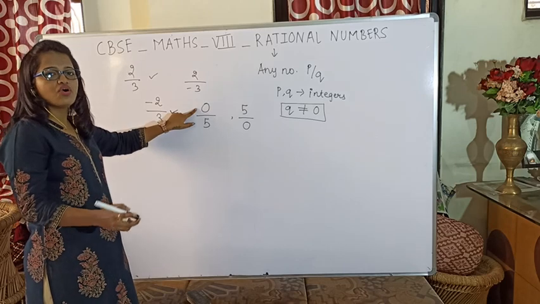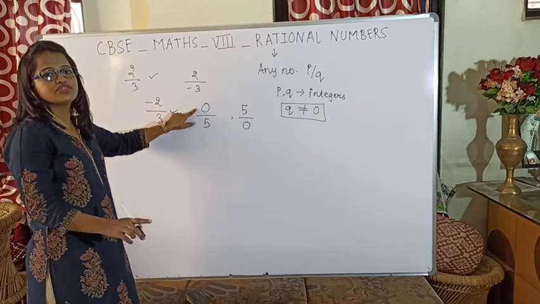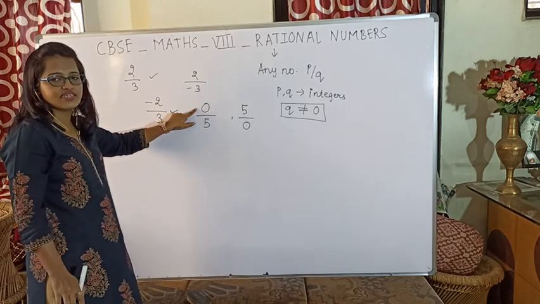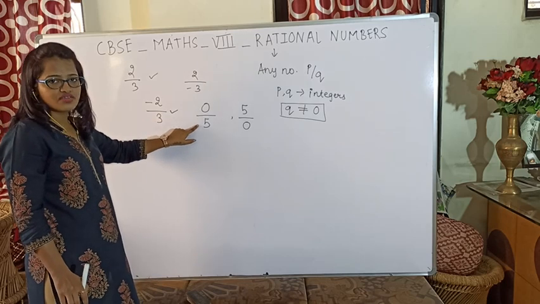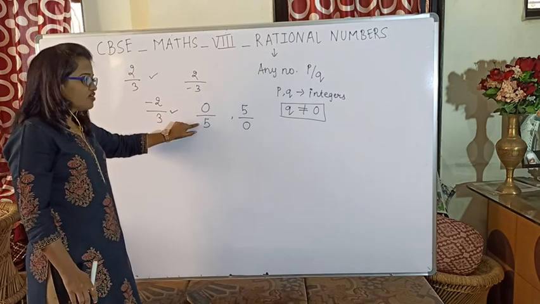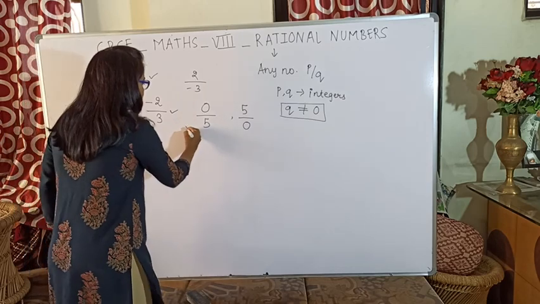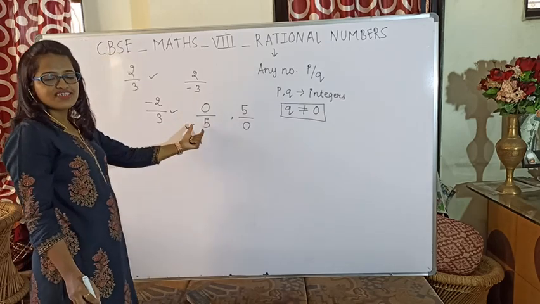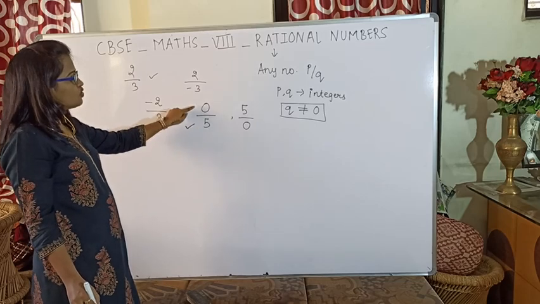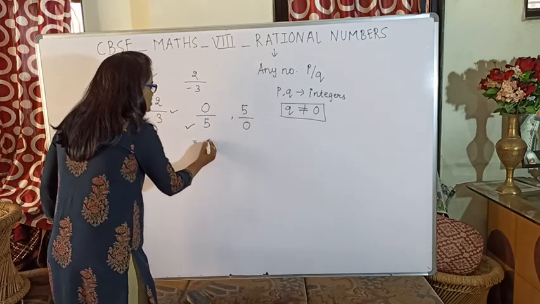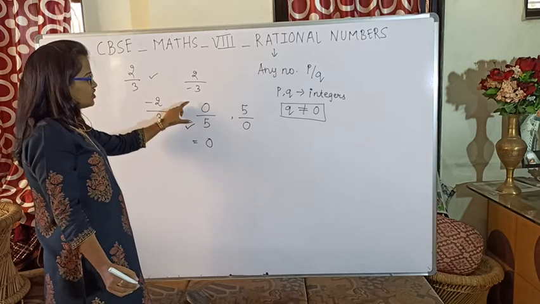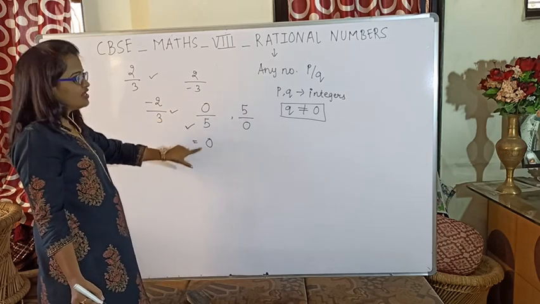Just now we have seen all the whole numbers are integers. So 0 is a part of whole numbers, hence definitely it is an integer. Is 5 an integer? Yes. Is the denominator 5 not equal to 0? Yes. So this is a rational number. Actually 0 upon anything has the value 0 itself. So even if we write it like this, its final value is 0.